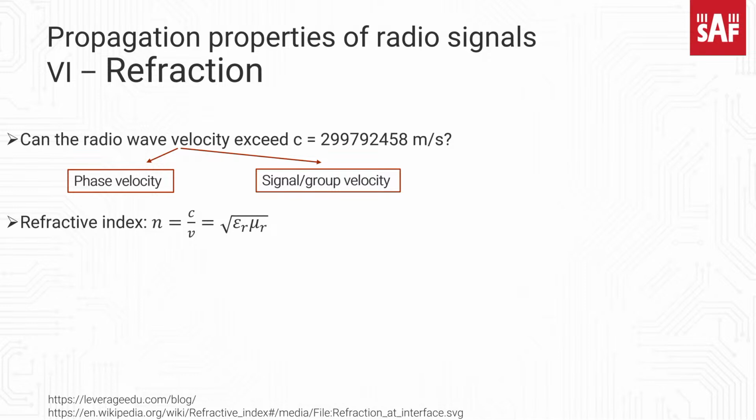The refractive index can be defined as the relation between the speed of light in vacuum and the phase velocity. It also can be defined as the square root of the dielectric constant multiplied by the magnetic constant, or relative permittivity multiplied by relative permeability.